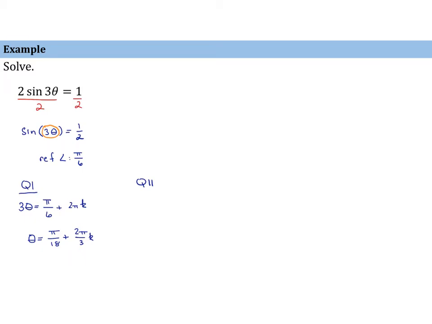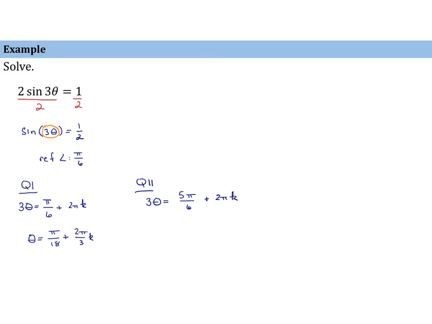Now, let's look at our second quadrant. Our angle, 3 theta, could equal an angle in the second quadrant with a reference angle of pi over 6, which would be 5 pi over 6. But then again, we could add to that any number of revolutions, so 2 pi k.